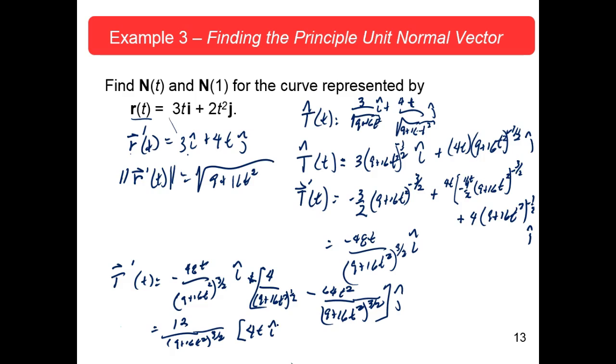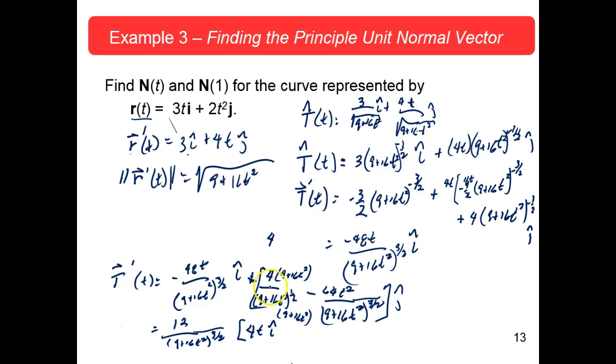Okay. Now, what is not so obvious is what they do next over here. And I'll tell you, here's what I think they've done. They write this as multiply this numerator by 9 plus 16t squared and divide it by 9 plus 16t squared.